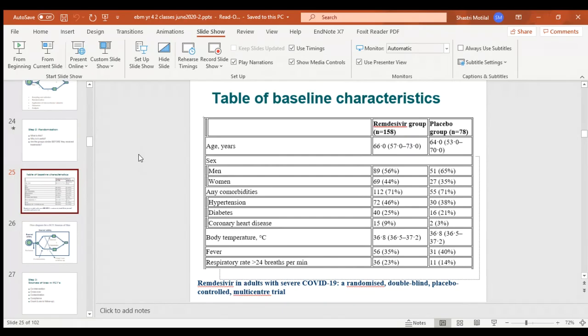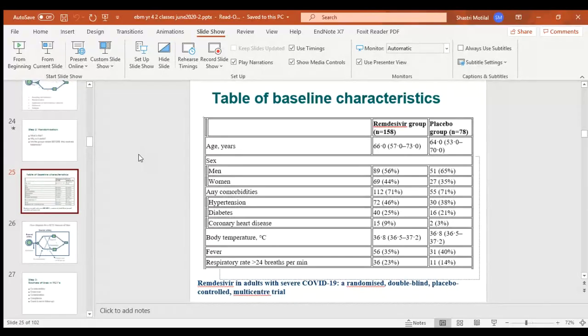If you look at the gender, you would see that 56% of the remdesivir group were men, 65% of the placebo group were men. Again, you need a statistical test to see if that 56% is really different from the 65%.